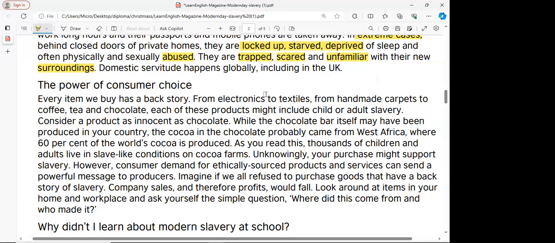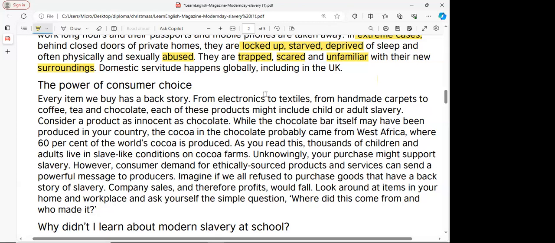Each of these products might include child or adult slavery. Consider the product and consent as chocolate, while the chocolate bar itself might have been produced in your country.